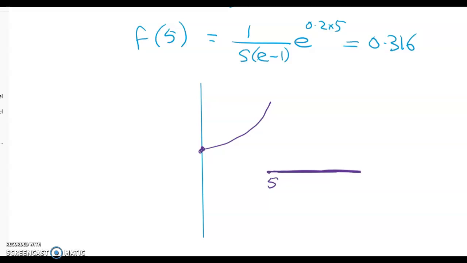Okay, well, you've got the idea, right? Now that I've made a big mess, it should look like that. So that point there is 0.316, and that point's 0.116. And that's x, and that's f of x. There, that looks better.